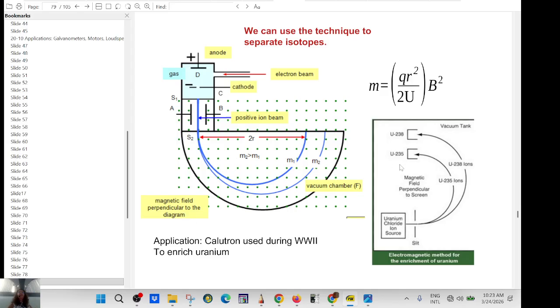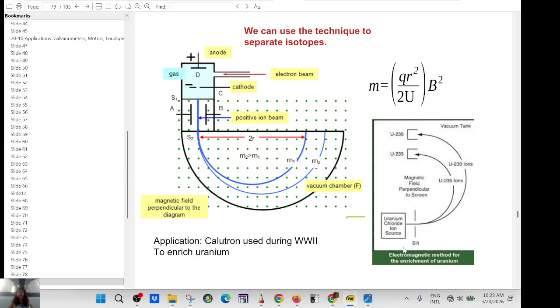There was a race for the atomic bomb, and the idea is to get to the critical mass of uranium-235. Most uranium is uranium-238, 99%, but 1% is uranium-235. So you need to enrich uranium if you want to make a bomb. Uranium-238 doesn't work, you need uranium-235.